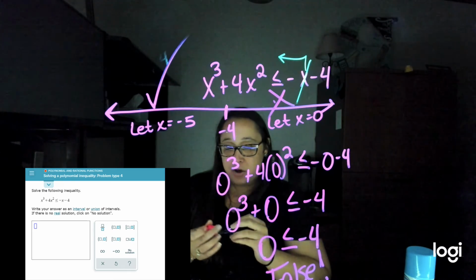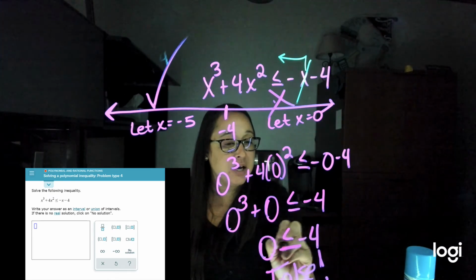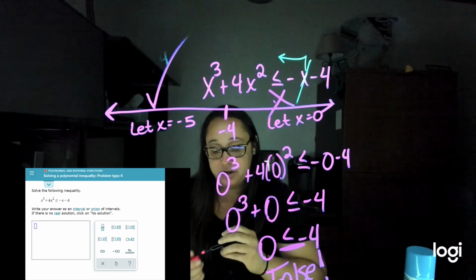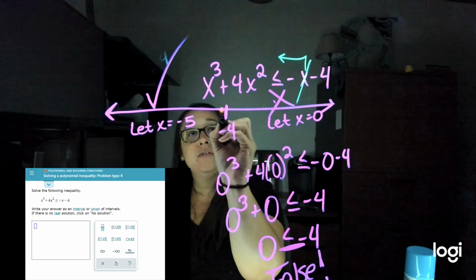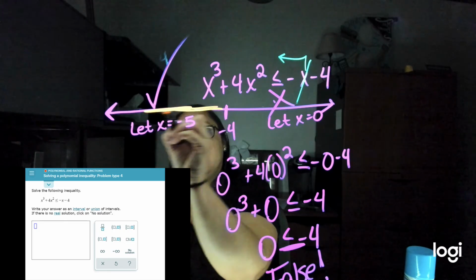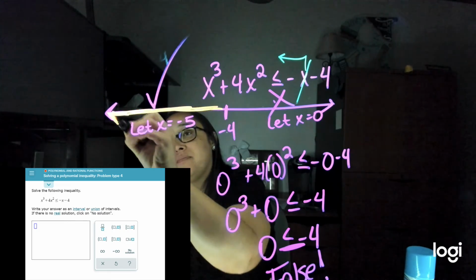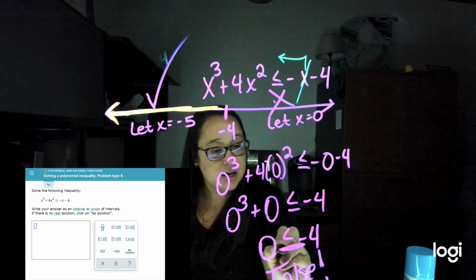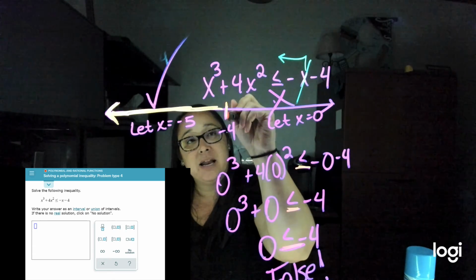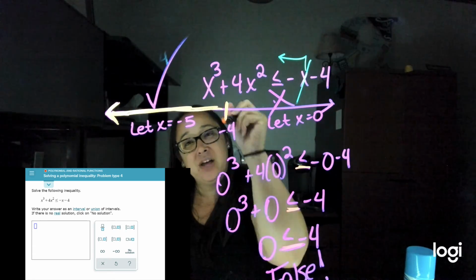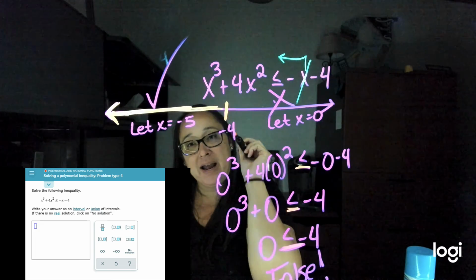Because I have this equal sign, I do have something I need to include here. What I know is that all of these values here work. Because of that equal to part that I've been including, I can actually include -4 as part of my answer.